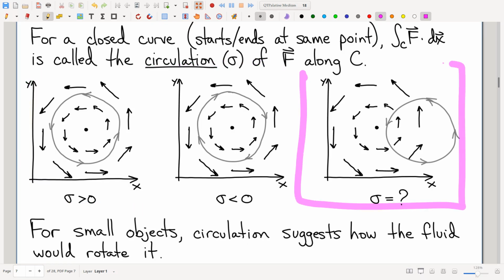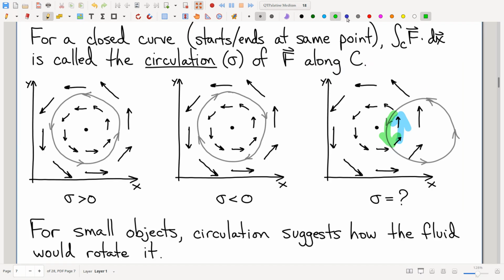Sometimes, for example, here, it's just not that convenient. And you'll notice here, for example, as the curve is going in that direction, the fluid is going the opposite way, whereas on this part the curve is going that way, and the fluid is also going that way. So when we're looking at these contributions to the circulation, some are negative, some are positive.